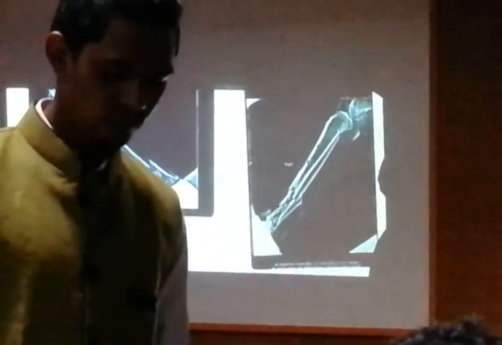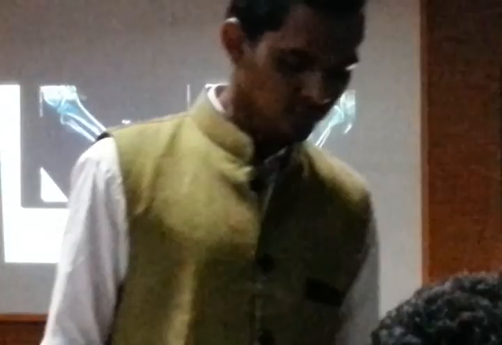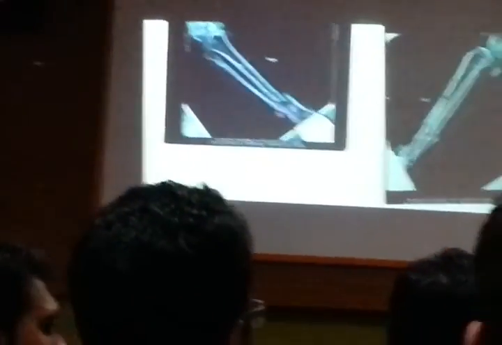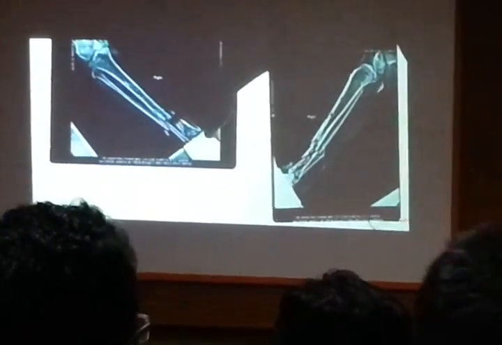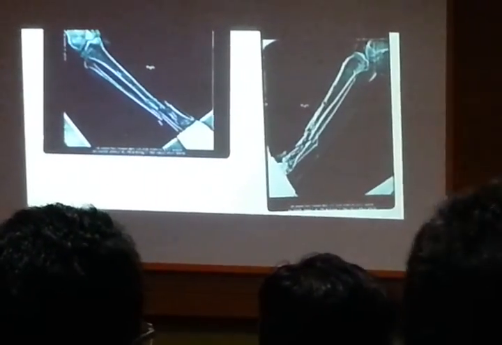Especially for tibia. Tibia for 6 months or 9 months? Okay, go on. USFDA is the same, 9 months only. The margins are closed. There is a gap. Okay, there is 6 months.